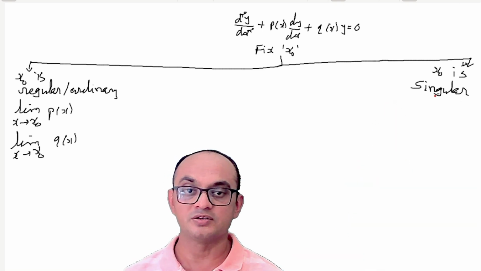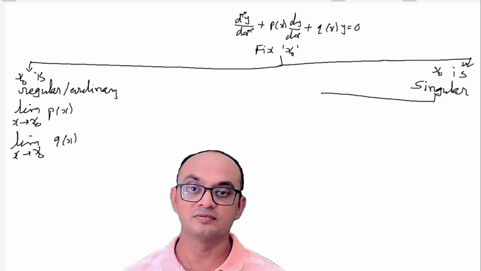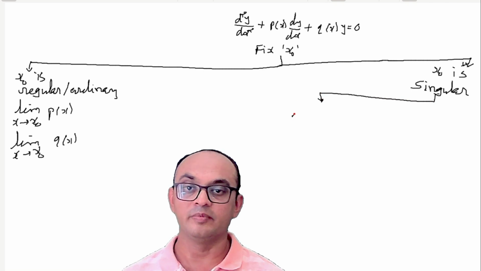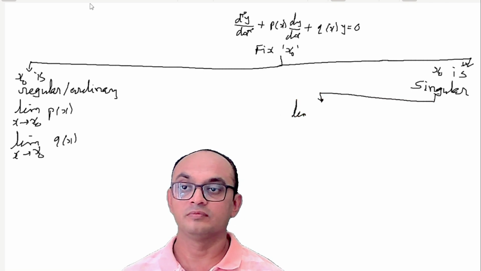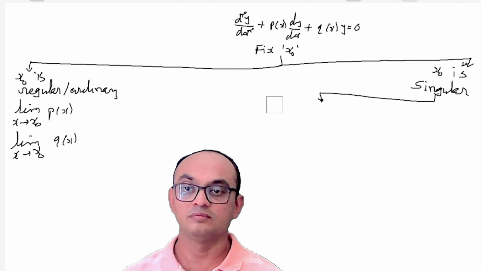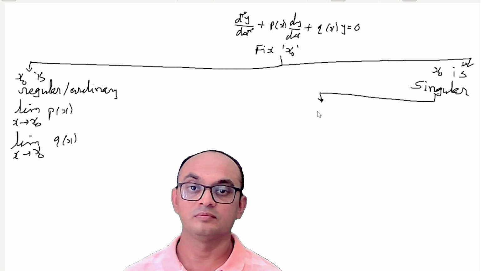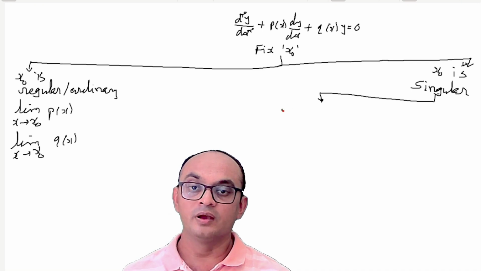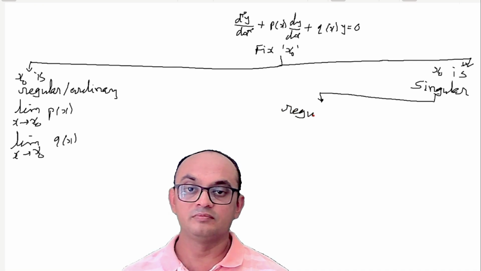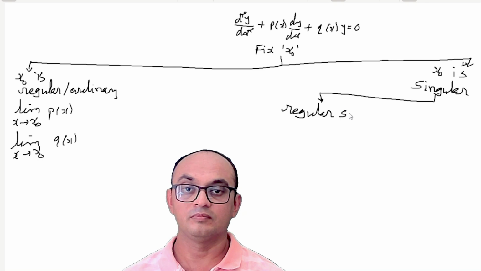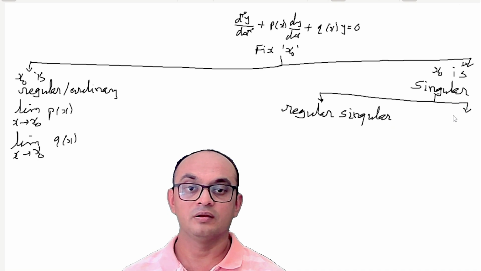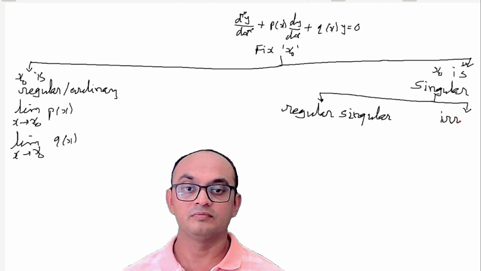In a singular point we again have two cases, depending on the limits: the regular singular point and the irregular singular point.